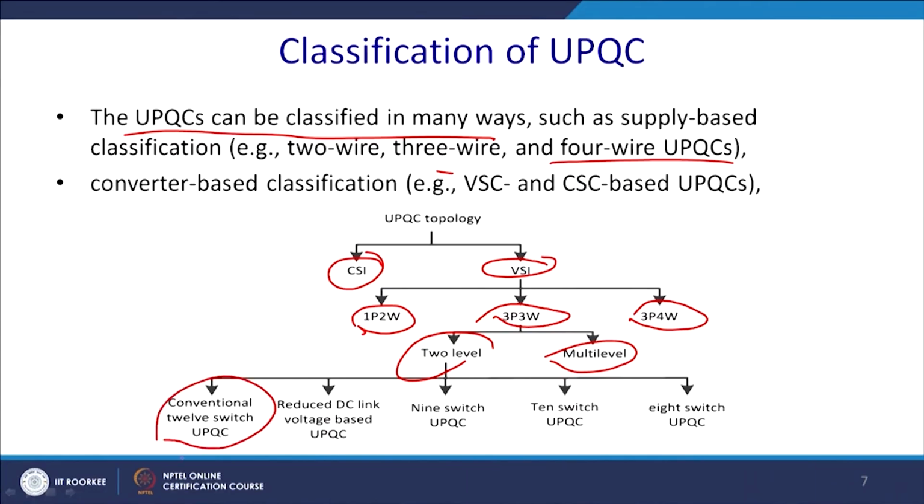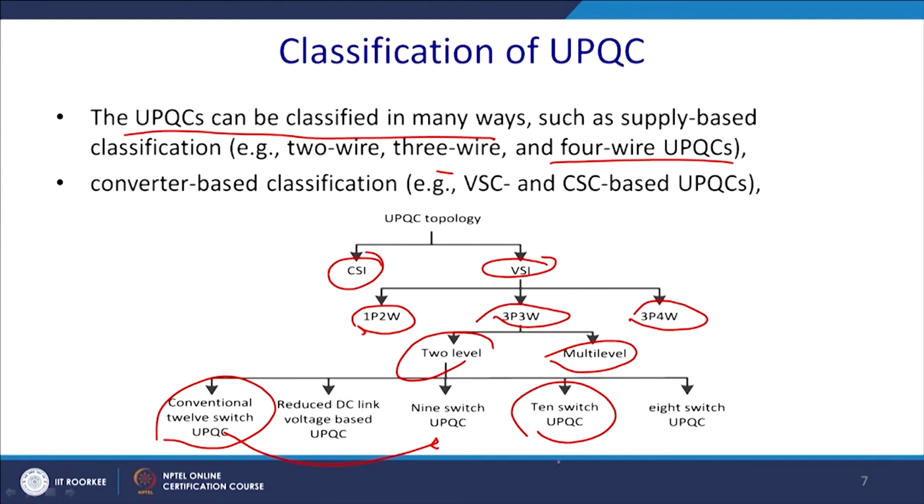The conventional 12 switch topology is for the 2 level. So, the reduced decoupling voltage based UPQC, we shall see these topologies, and thereafter instead of the 12 switch we can have a 9 switch topology. There are combinations where some switches are shared between series and shunt.